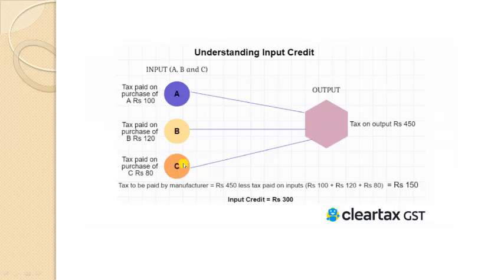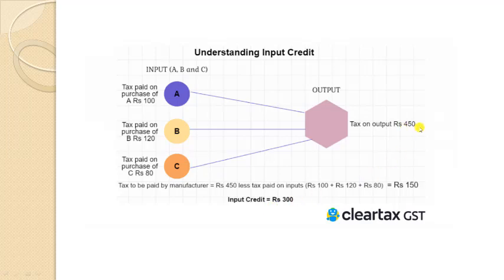Finally, he has also purchased sugar from supplier C. The supplier has paid 80 rupees as tax on those sales. As this sugar is also an input for the SSC, he can claim rupees 80 also as input tax credit. So, in total 100, 120 and 80 is 300 rupees. So, the SSC has input credit of 300.